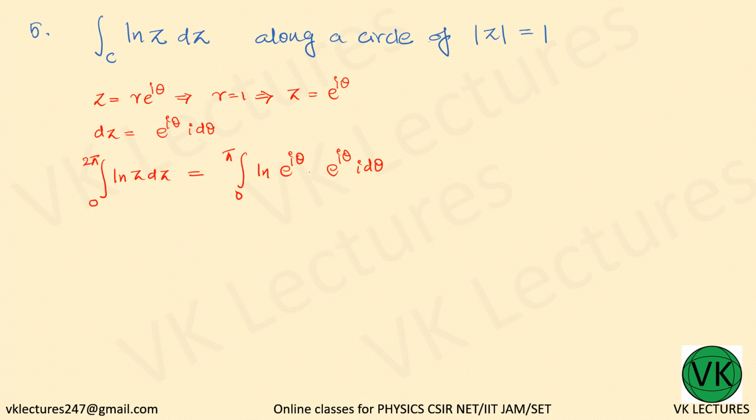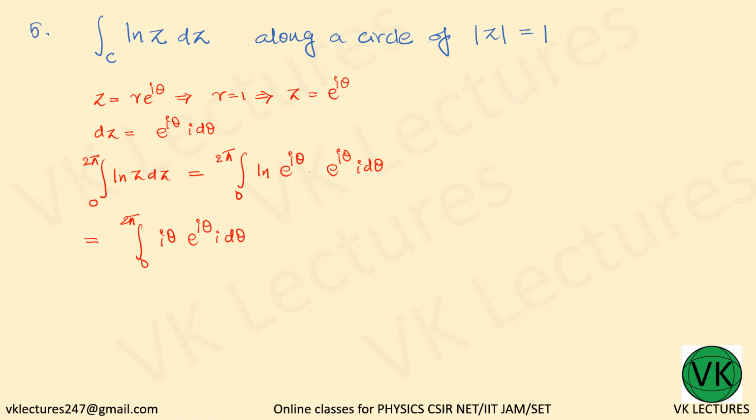So log e to the power i theta is i theta, so that's equal to the integral from 0 to 2 pi of i theta times e to the power i theta i d theta.